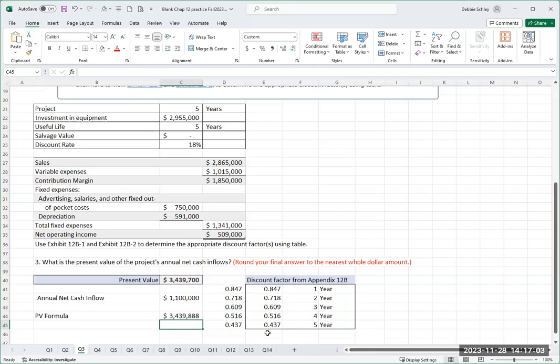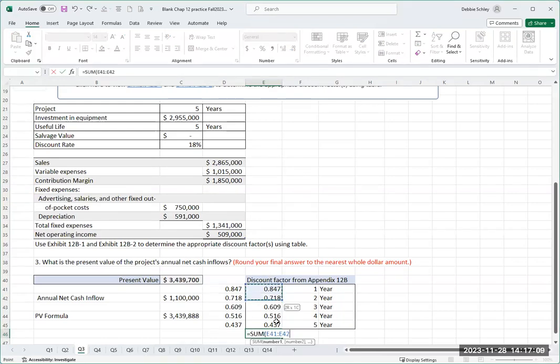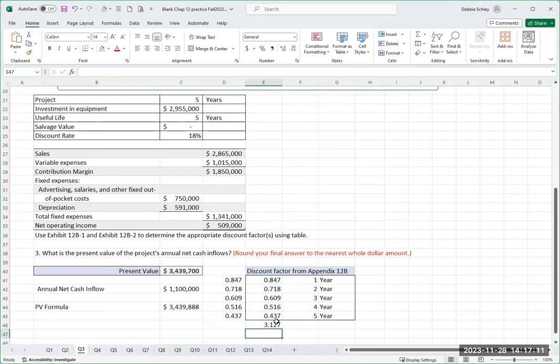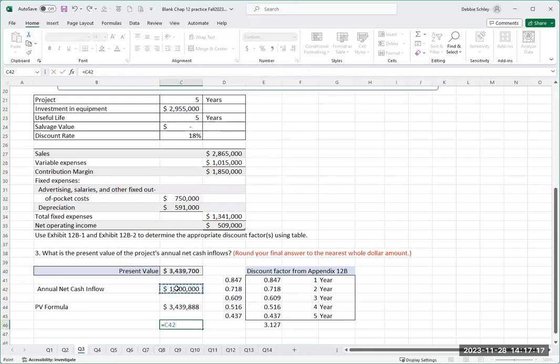I also think if I had added these discount factors together, I could have just done the annual net cash inflow times the sum of all the discount factors, and that gets me the right answer.